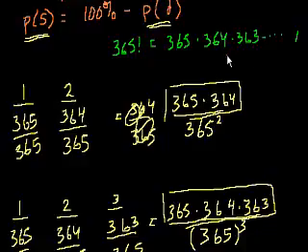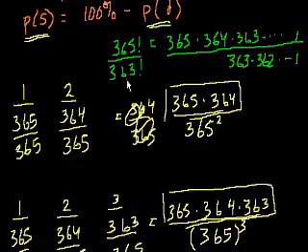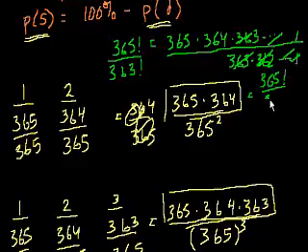So one thing I could do is divide this thing by all of these numbers, 363 times 362 all the way down to 1. That's the same thing as dividing by 363 factorial. 365 factorial divided by 363 factorial is essentially this, because all of these terms cancel out. So this is equal to 365 factorial over 363 factorial over 365 squared.